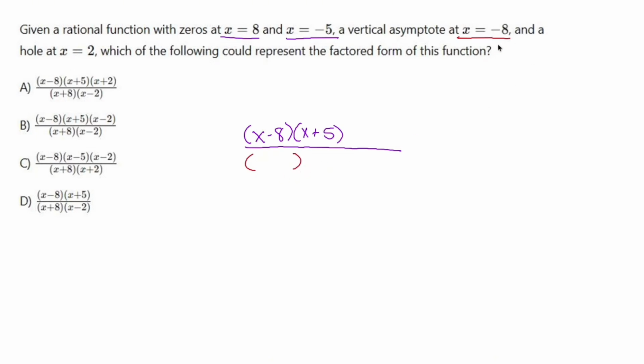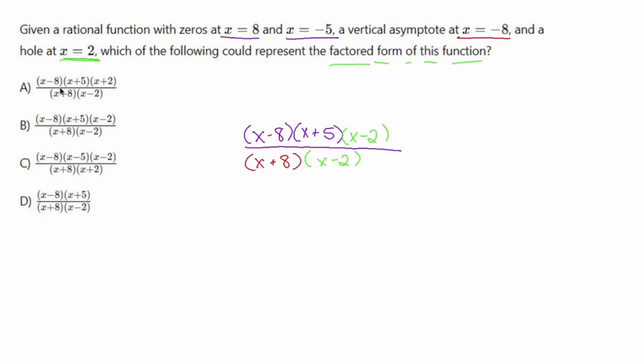If -8 would make the factor equal to 0, then x plus 8 is going to have to be my factor. If it has a hole at 2, that means you're going to have upstairs and downstairs being represented. Now, if it's at 2, a number that would make a factor turn into 0 would be its opposite, -2 and -2. So this is a possible factored form of the function.